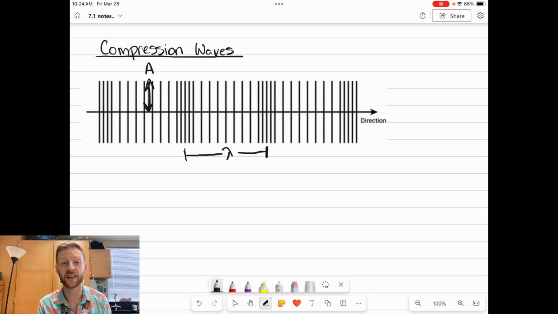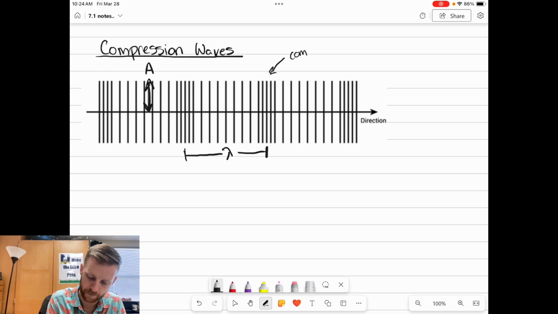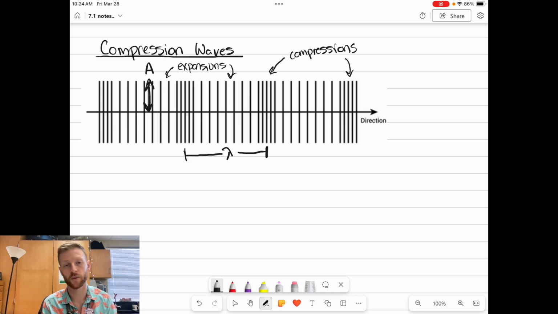So it's important to realize that they operate the same way, but instead of going up and down and having peaks, they go in and out and have either compressions, which are going to be these parts here, or they're going to have expansions, which are the parts that are really far out from each other. So similar, again, peaks or crests and troughs.